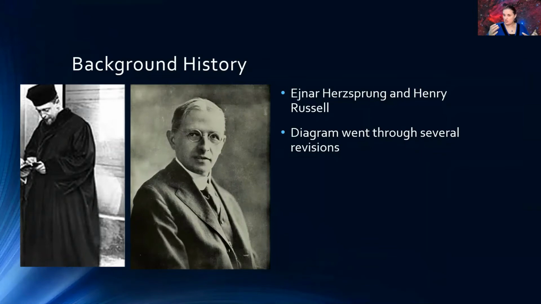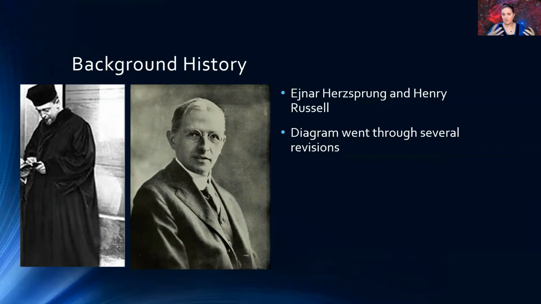And so they started to create diagrams of some of the stars from the Henry Draper catalog and used some of the Harvard system findings to start putting stars in a diagram of some kind and to see how they relate with one another. And they started to notice some patterns.